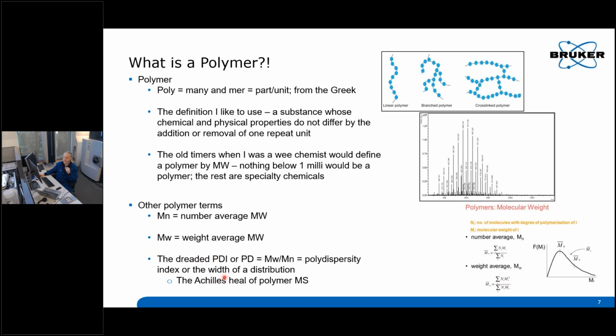The one thing I'm going to point out is that there is a little bit of an Achilles heel when it comes to this type of measurement. Anything with a polydispersity, or Mw divided by Mn, over 1.5 is a little more difficult to analyze. We won't get this kind of clean Gaussian or bell-shaped curve. We'll end up with more of a Schultz distribution with high peaks at high intensity at low molecular weights, and then decreasing as molecular weight increases. And hopefully, when I'm acquiring data live, you'll see an example of that.